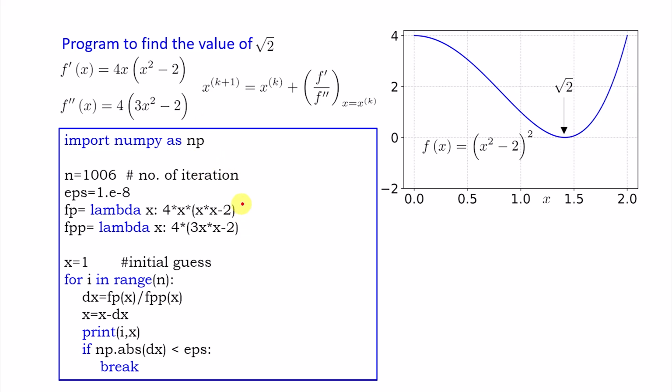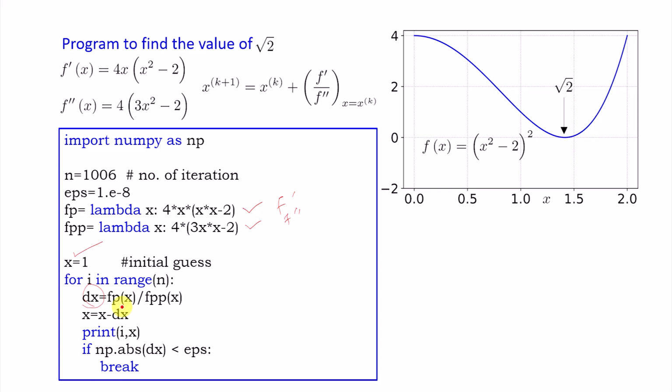Here we are having this fp and fpp. This is f prime and f double prime. We are giving them as input in lambda functions, and then we start with an initial guess. In this case we have taken an initial guess of 1. Then I enter the for loop. Here I am giving a correction to this initial guess.